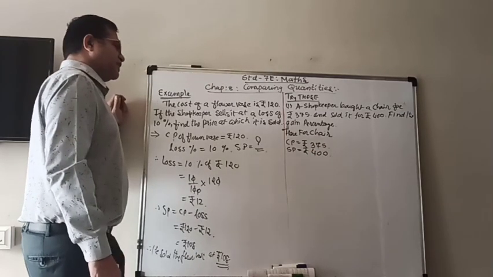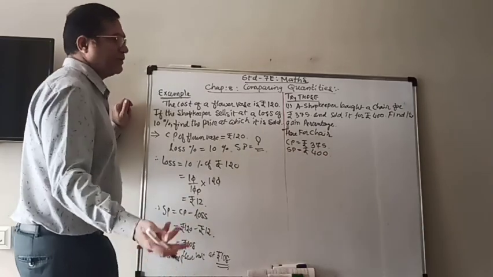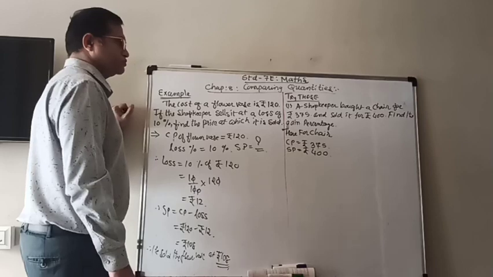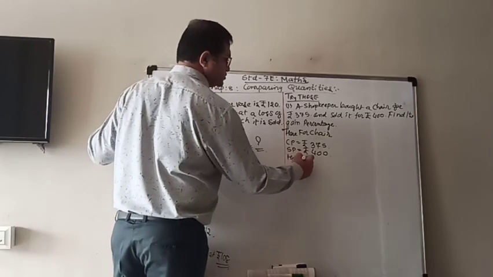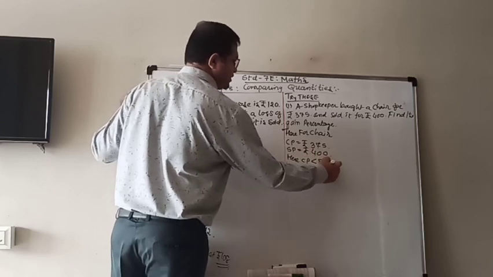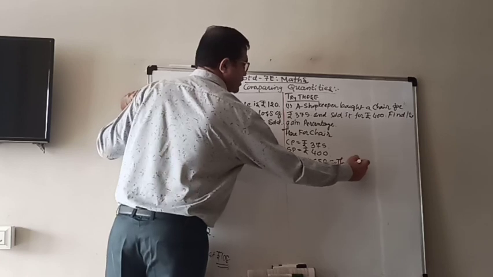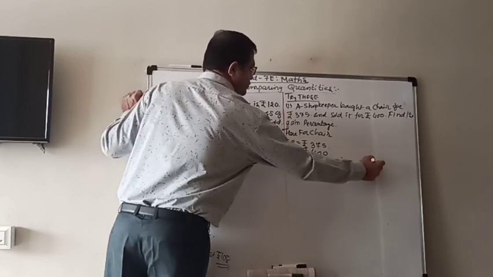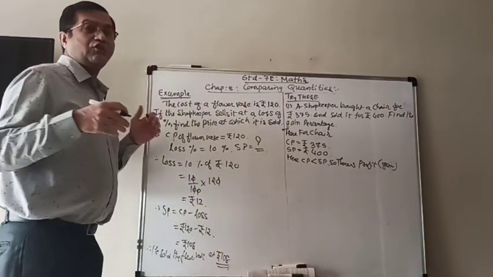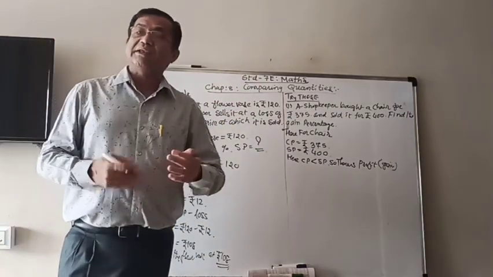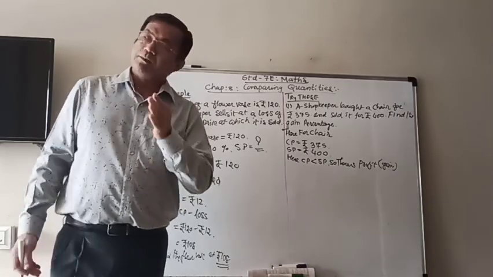So obviously here there is gain or profit. Gain and profit is the same thing. Here CP is less than SP, so there is profit or gain. First of all we will find the profit, and then the gain percentage, meaning we have to convert it into percent also.